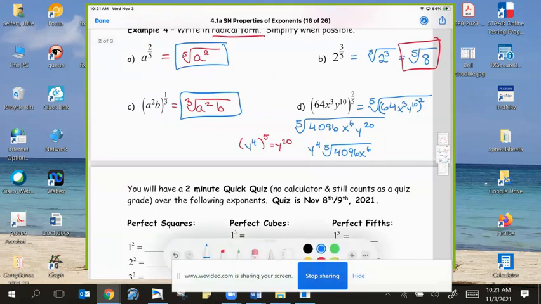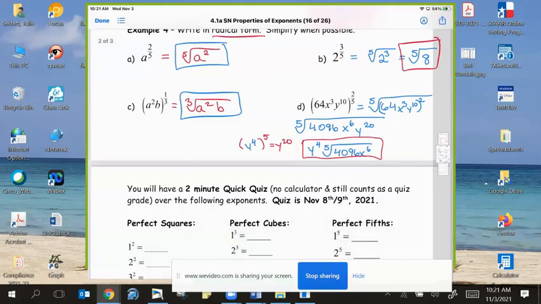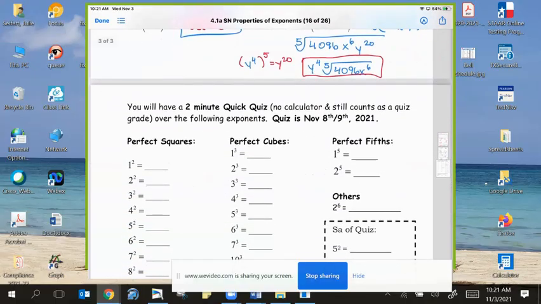Now, we've talked about this very briefly a while back, and you probably glazed over it, and it was okay then, but we really need to look at this now. You are going to very soon, November 8th, 9th, have a quick quiz. It's going to be a 2-minute timed quiz, no calculator, counts as a quiz grade, over powers of numbers.